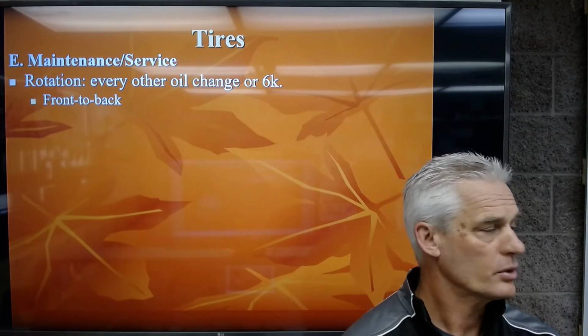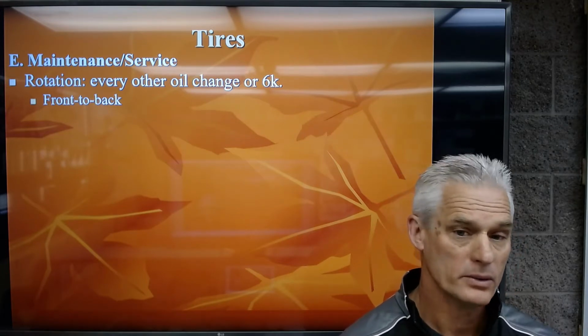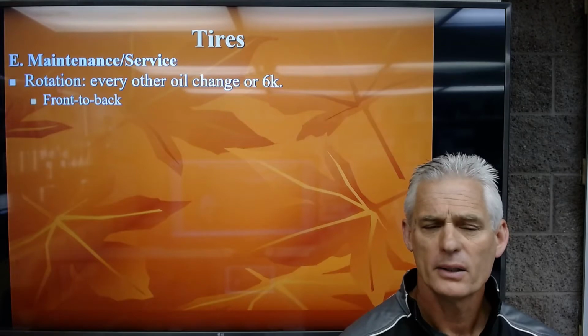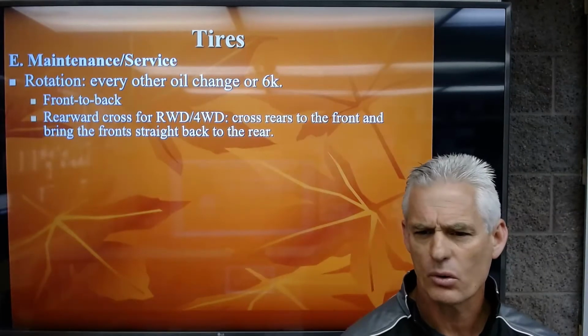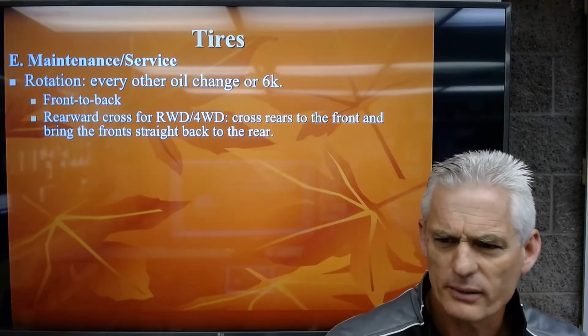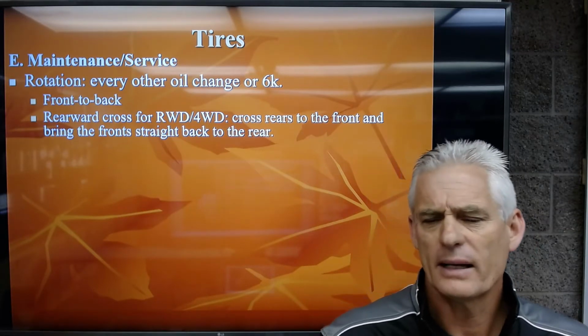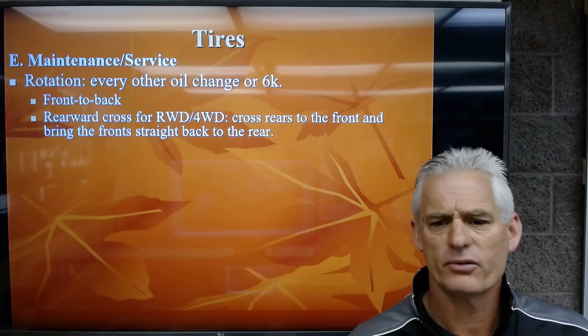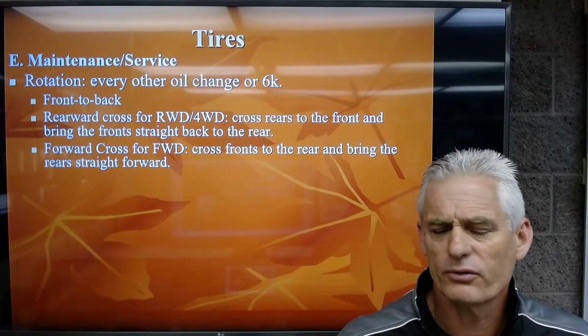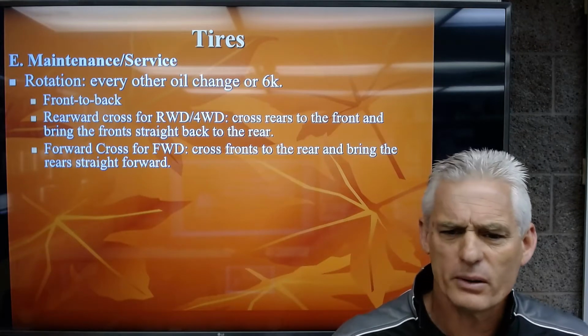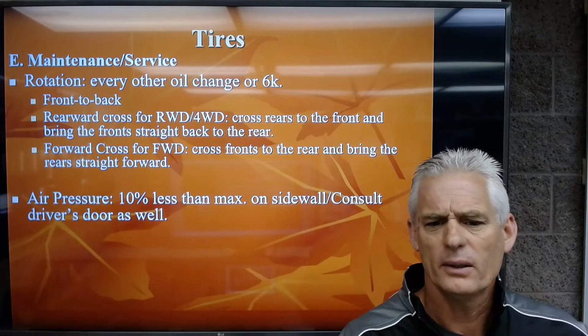Front wheel drive cars are the hardest on tires, and they tend to wear tires out really pretty quick. So we can rotate front to back. We can do a rearward cross for rear-wheel drive and four-wheel drive, or all-wheel drive. That is, we cross the rears to the front, bring the fronts straight back to the rears. A forward cross for front-wheel drive, we cross the fronts to the rear and bring the rears straight forward.